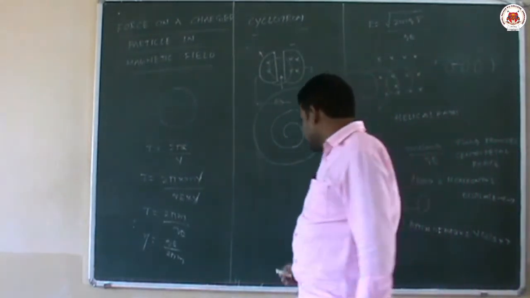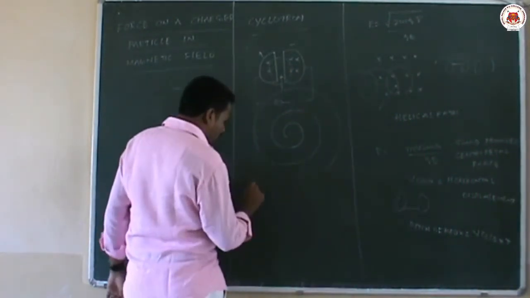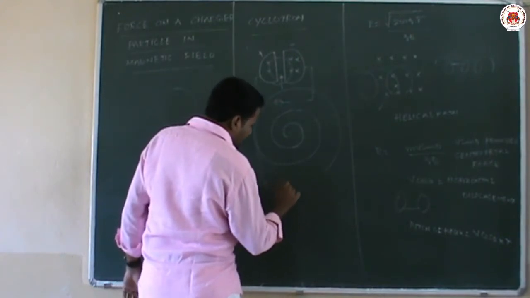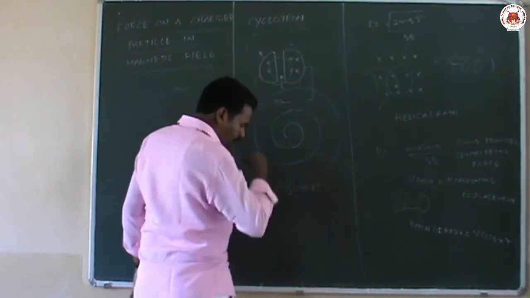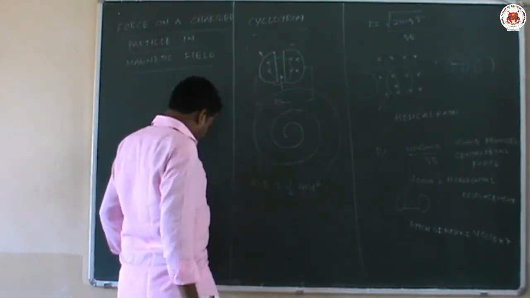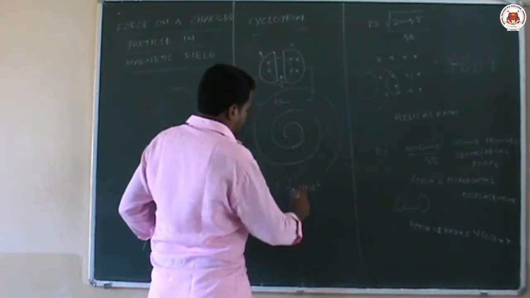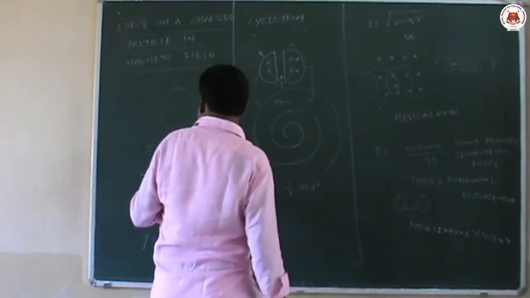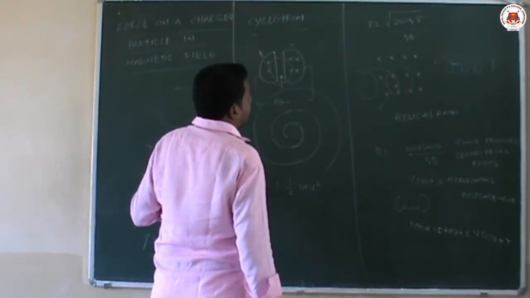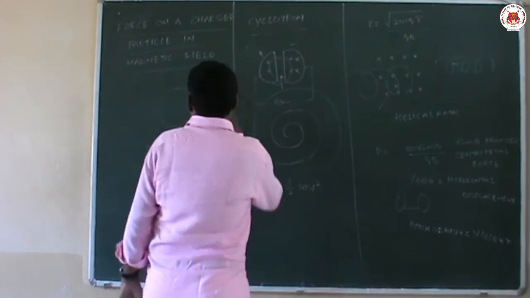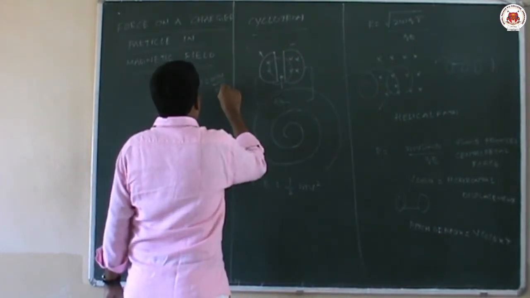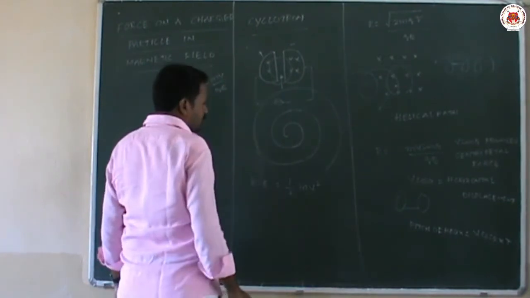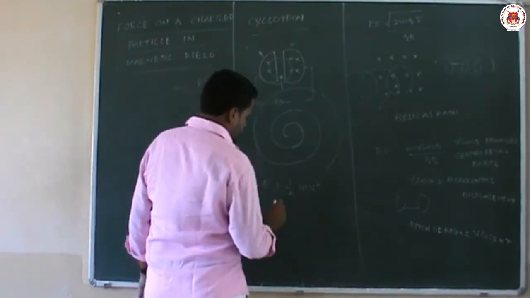We can find the formula for kinetic energy also. Kinetic energy is equal to half mv square. Then v you can write in terms of the radius formula. R is equal to mv by qB, so v is equal to qBr by m.